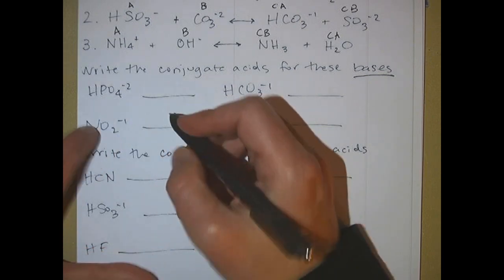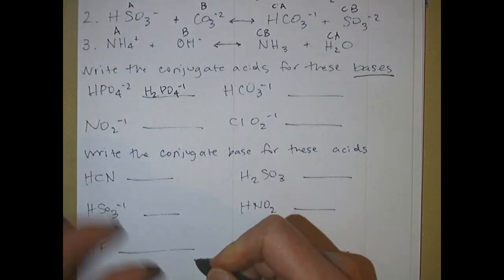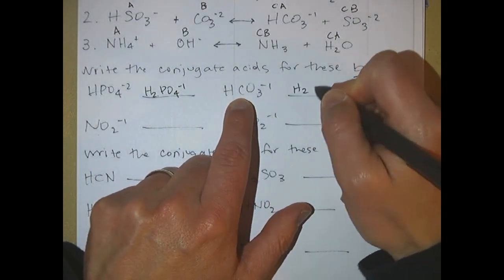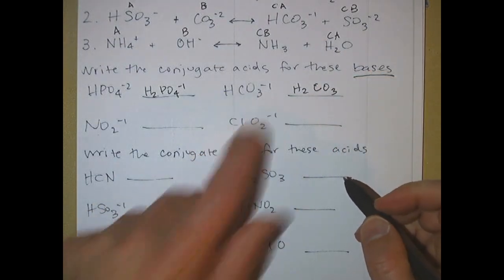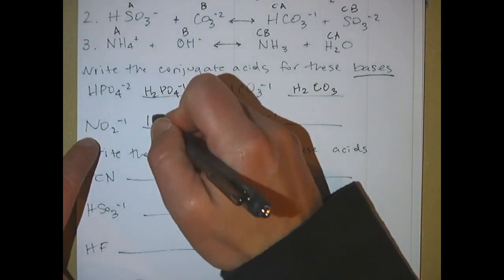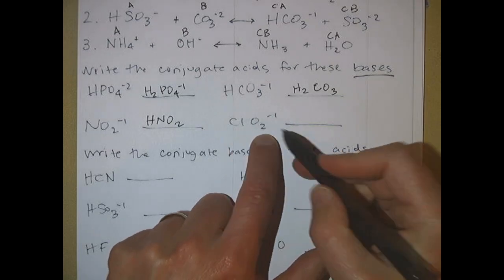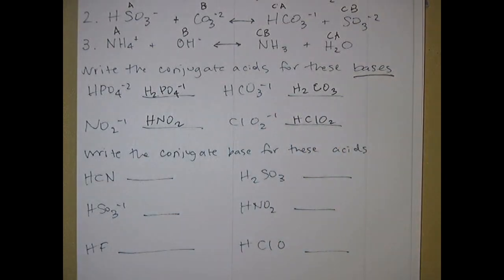So HPO4 minus 2 becomes H2PO4 minus 1. Charge goes up by 1. HCO3 minus 1 becomes H2CO3. Add an H and the charge goes up by 1. NO2 minus 1 becomes HNO2. And then ClO2 minus 1 becomes HClO2.